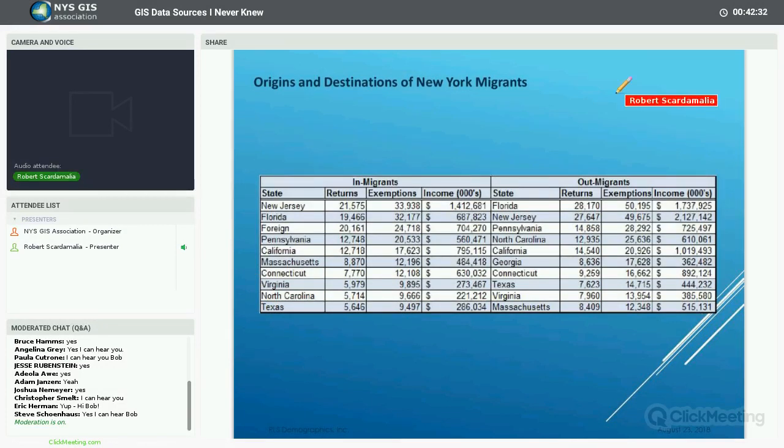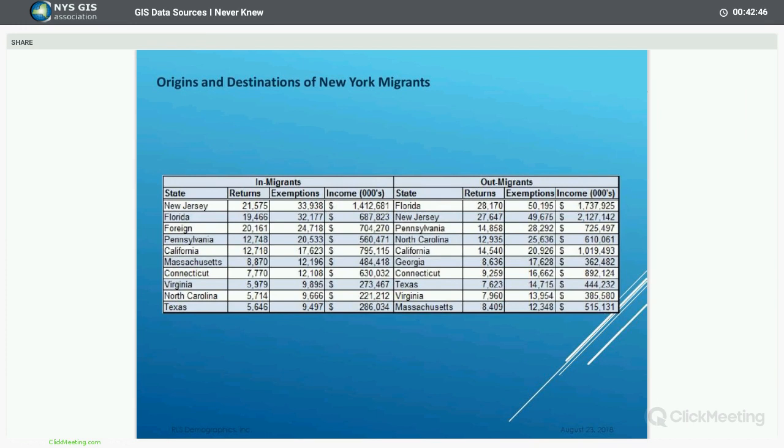Okay. I'm not sure if I did something or not. Anyway, so the order of states may change a little bit, but the basic flows don't change. So that's why, even though there are qualifications about the IRS migration data as a source, it's still very valuable. It paints a picture for us.